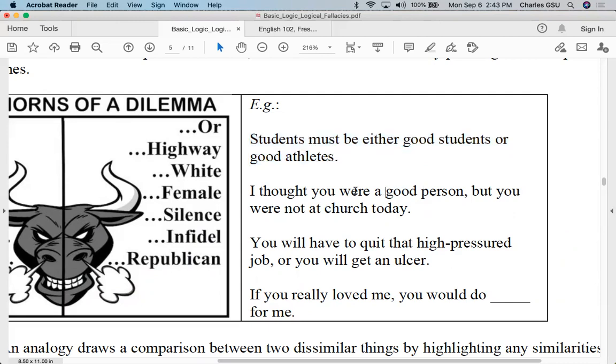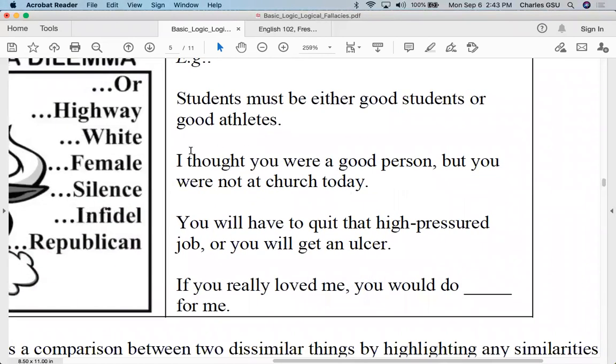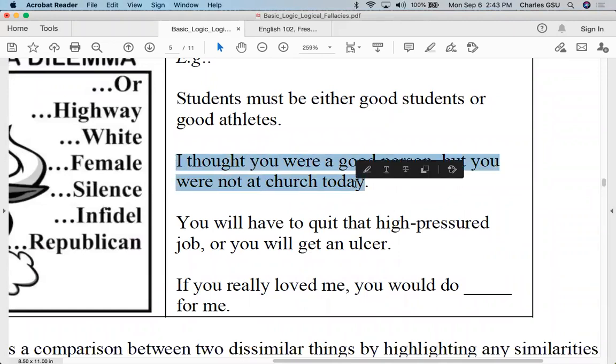There are multiple outcomes. You may have heard something like this: I thought you were a good person, but you were not at church today, as though going to church somehow makes you a good person. I think with all the church scandals recently, you may be aware that simply the formality of going to church doesn't make you a good person, right?